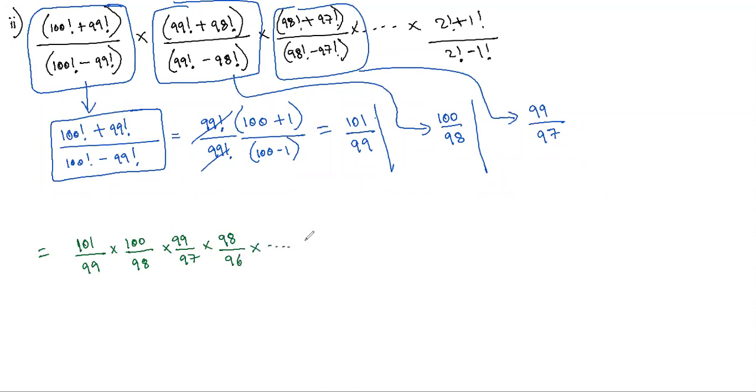Every time, the last term will be 3 by 1. So if the last term is 3 by 1, what will come before it? 4 by 2. Plus 1, plus 1.